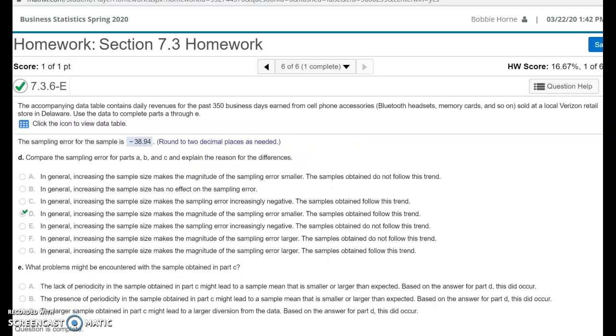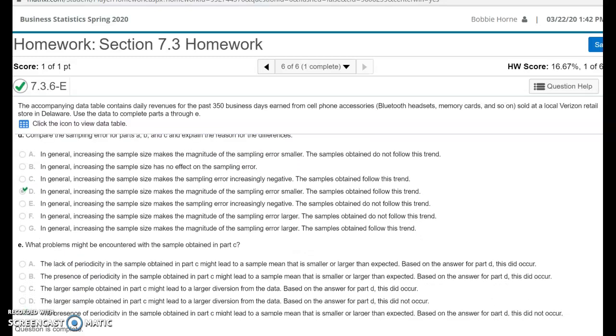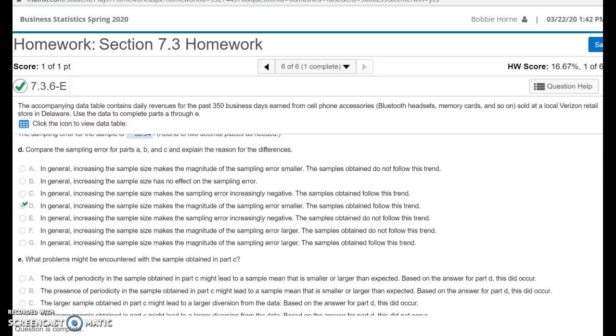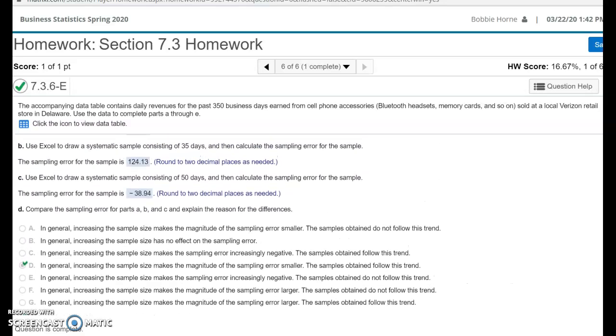Now, what problems might be encountered with the sample obtained in Part C? Well, in Part C, we're doing every 7 days. So that would be once a week. And what we run into is if, with Verizon, that once a week could fall on a Sunday, well, sales might be lower on a Sunday than during the week or on a Saturday.